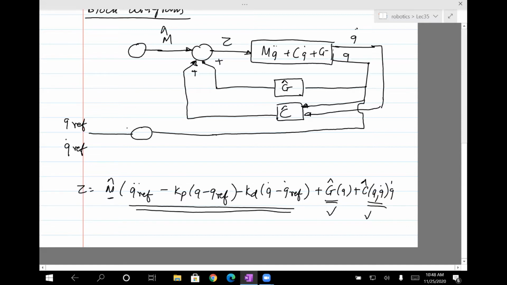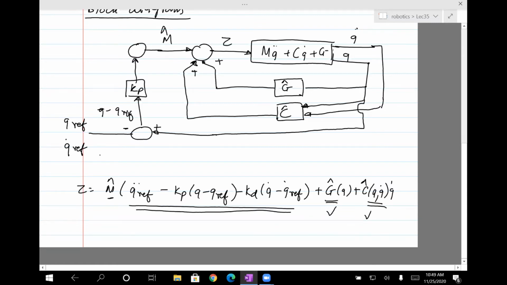So I need to do negative q ref, and positive for q. What comes out of this is q with a positive sign, q ref with a negative sign. That will go into the block which multiplies with kp, and then that would go in here.